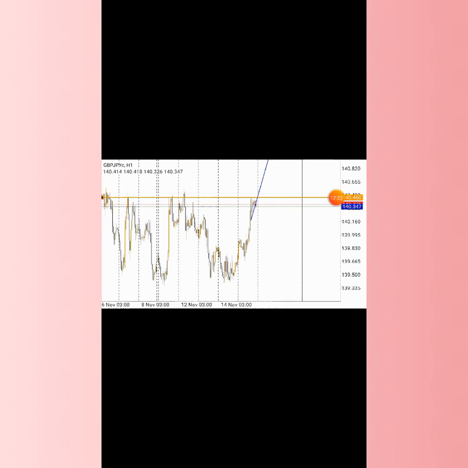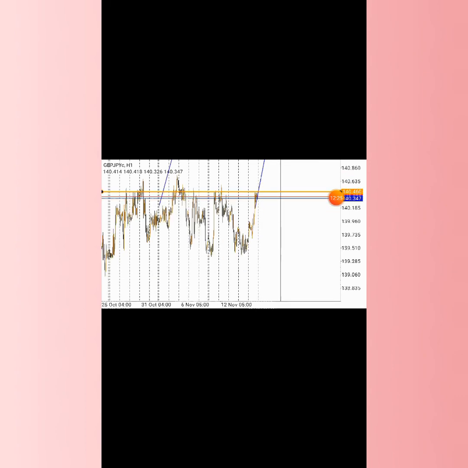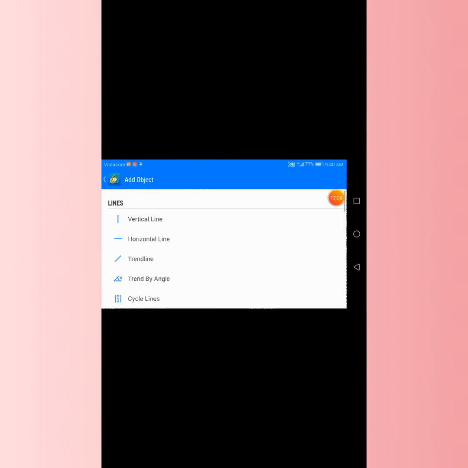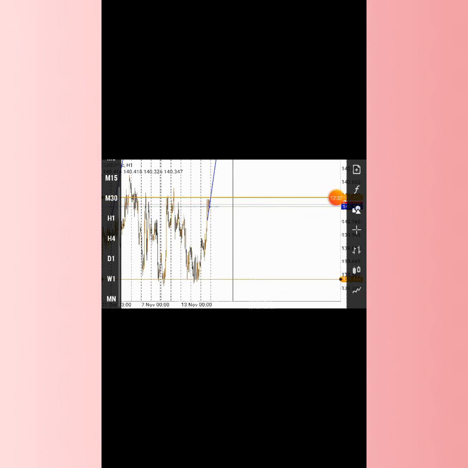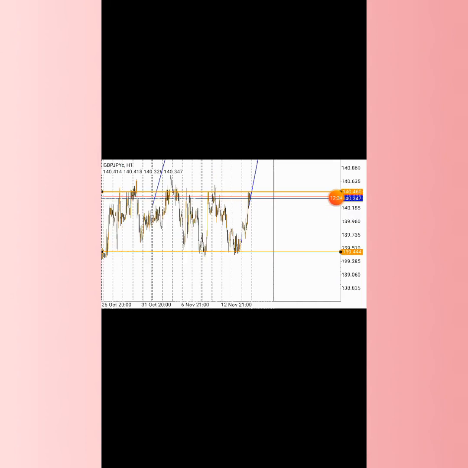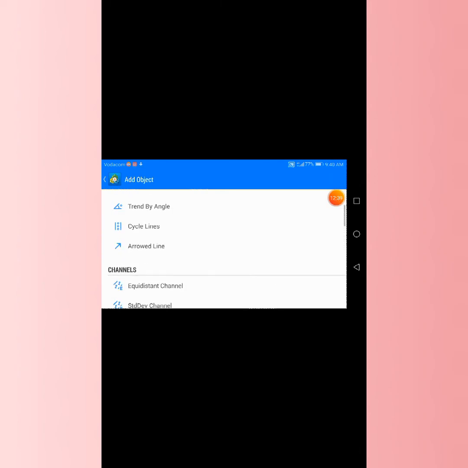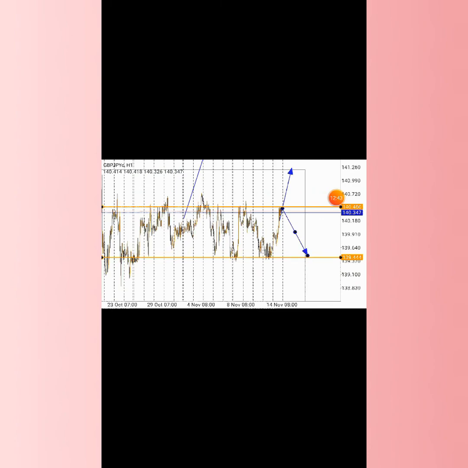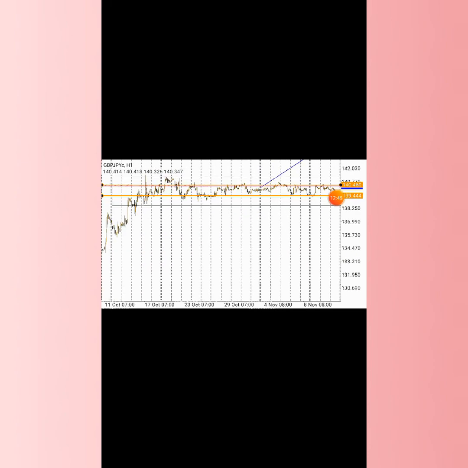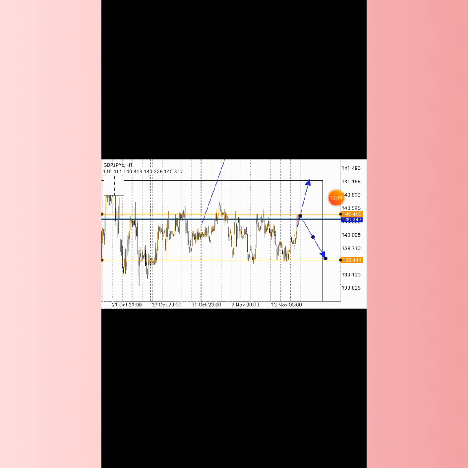But now, if we still have a ranging even next week, we are likely to come here again. Because you see it has been moving up and down within this range ever since 17 October. So now it's 13 November. So we might have another one.